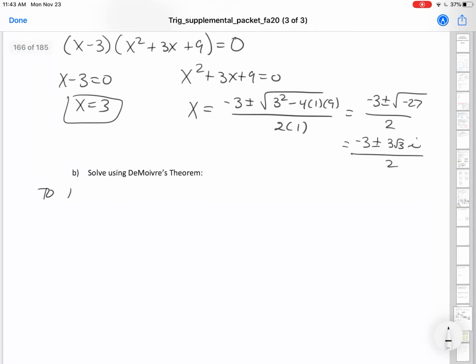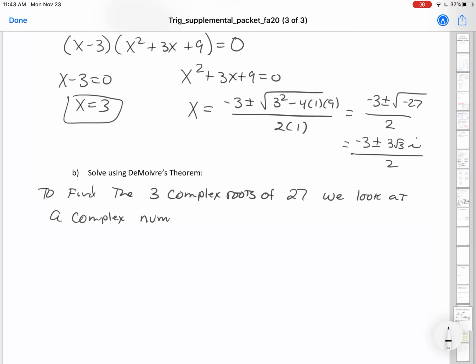To find the three complex roots of 27, we look at a complex number and assume it is a root. So we build it, for lack of a better way to say that.